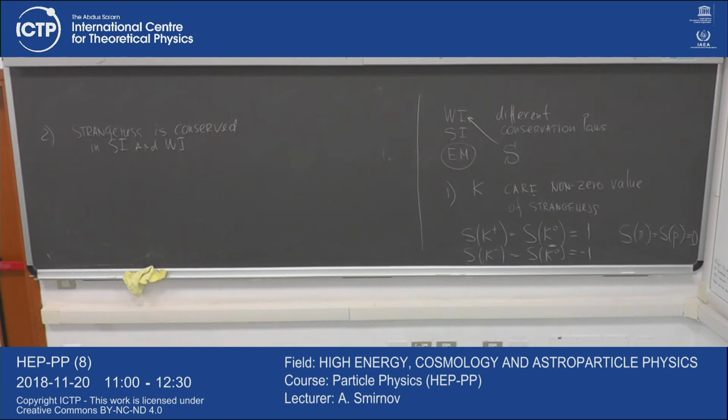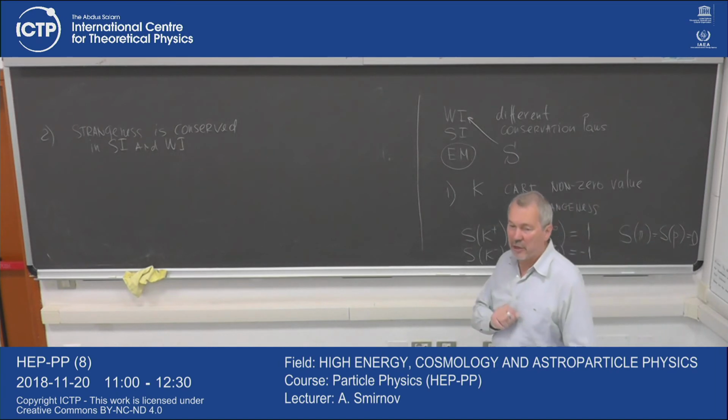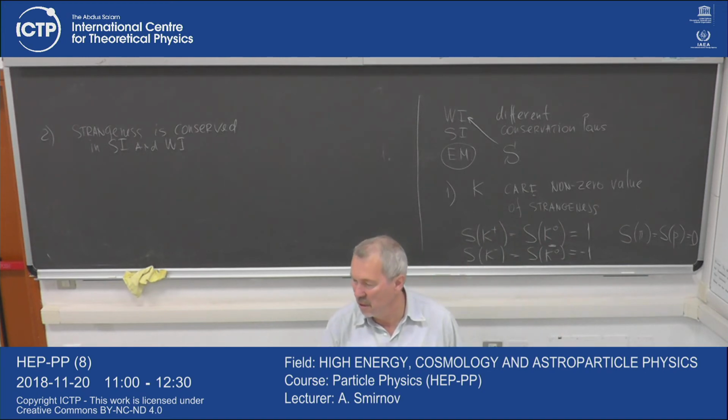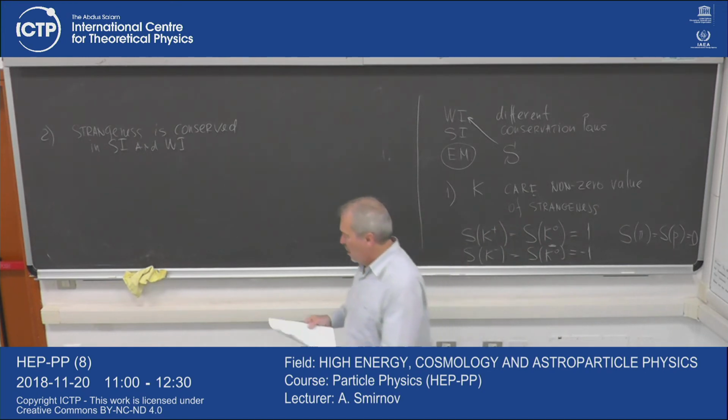So what does it mean? We introduce strangeness as an additive quantum number. If you have a system of particles, then you can define the total strangeness as the sum of the strangeness of all the particles in the system. And conservation means that the total strangeness in the initial state equals the total strangeness in the final state of the process.